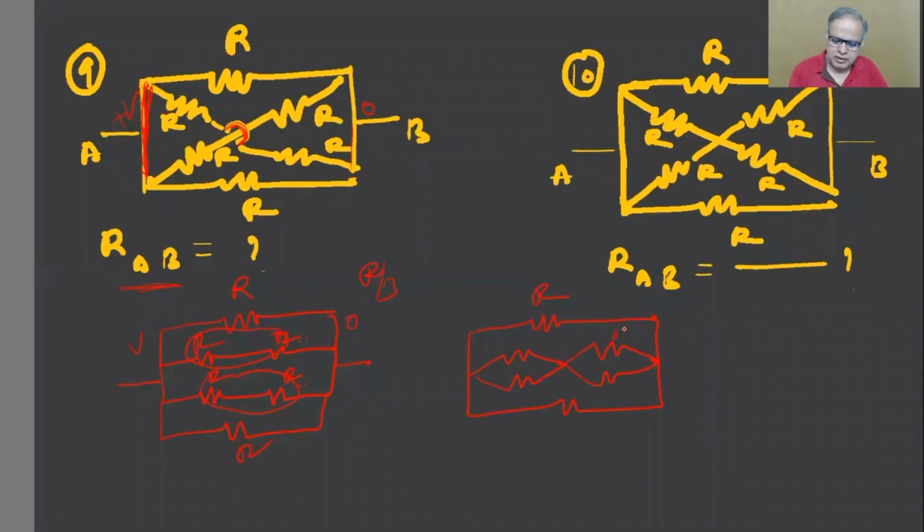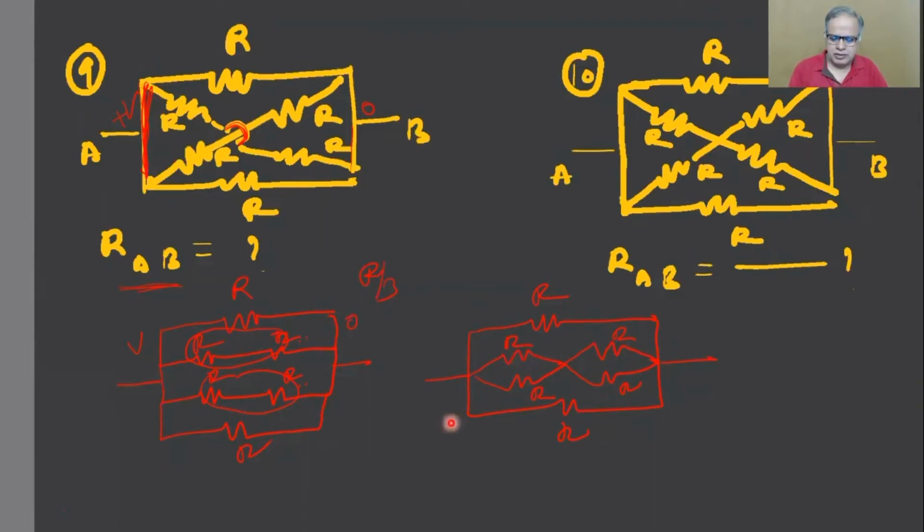R here, R there, and R here. Isn't it so? And these two are in what? Parallel again. Which two? These two.